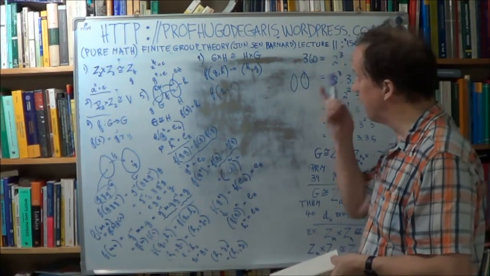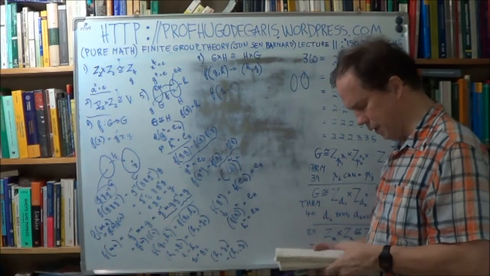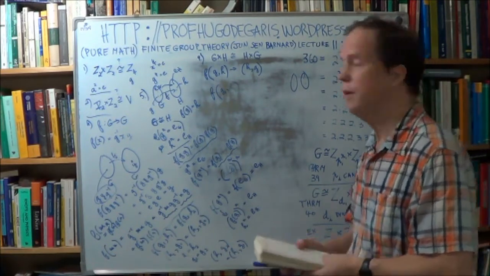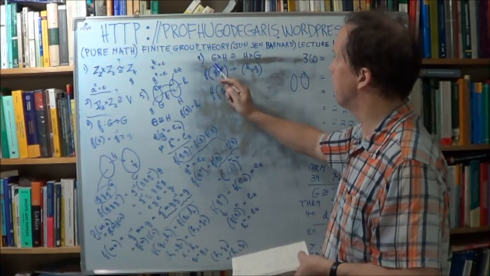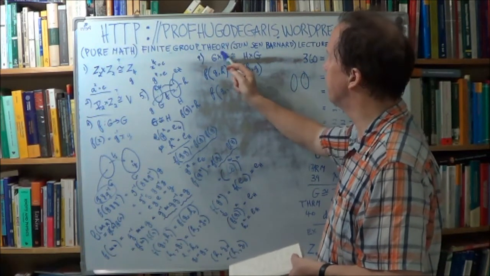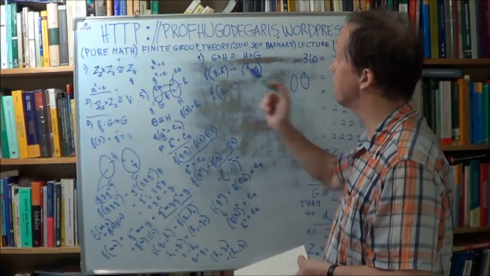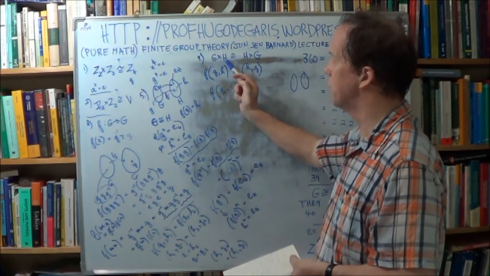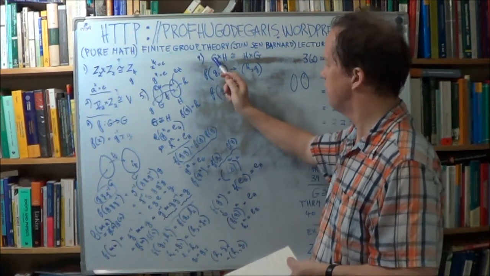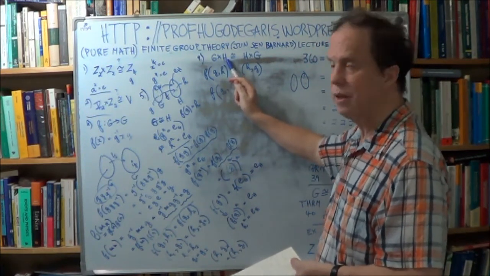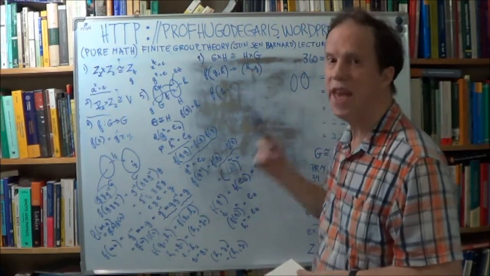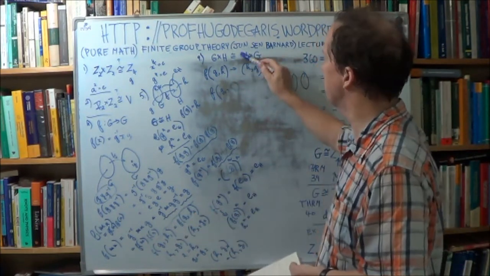Now, again, we can use the size argument. What's the order of this group? Well, it's the order of G times the order of H. So if that's order M, and that's order N, the order of the direct product is M times N. And a similar argument here.